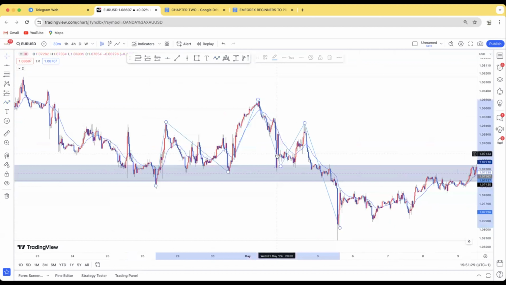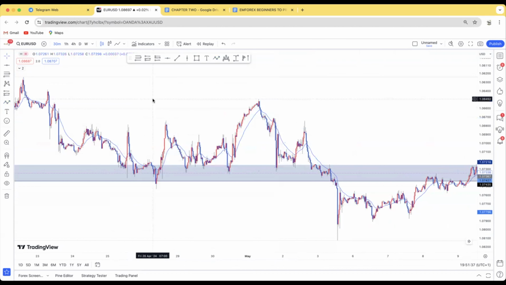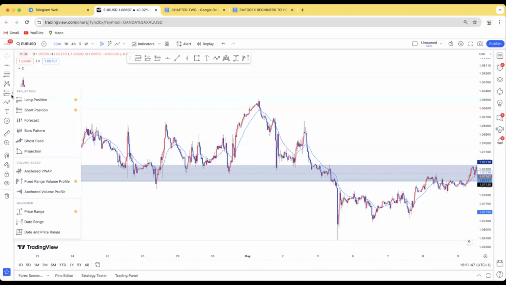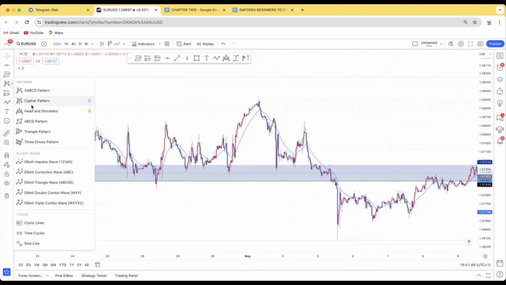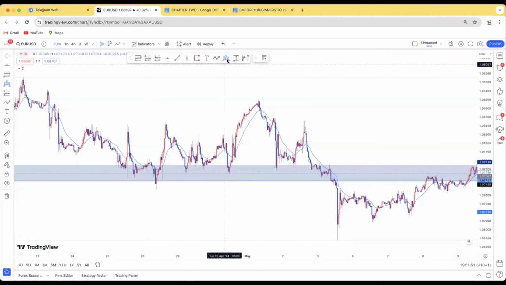There are tools on the TradingView platform where you can get the head and shoulders pattern. I didn't send this link to the other group. Let me quickly send this to the other group. If you come over to your tools, you can see the head and shoulders pattern. It's already marked out here, because I use it frequently.